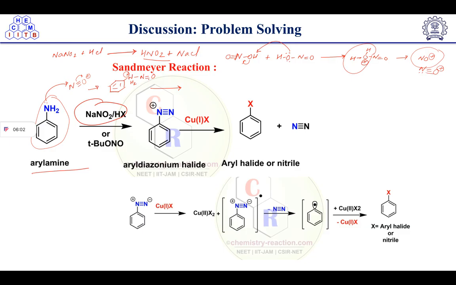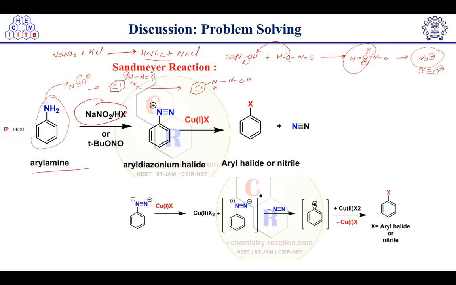Here, after getting this intermediate, what is the next step? Proton transfer. All of you know that we have done proton transfer n number of times. So here we will do the proton transfer, and we will get NH and OH. Proton transfer from here to here; this lone pair is taking the proton.